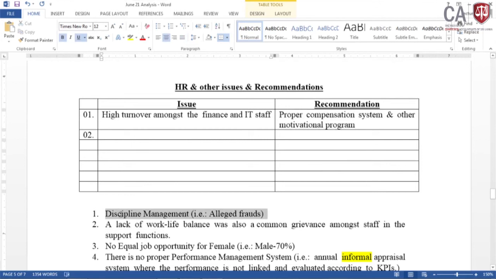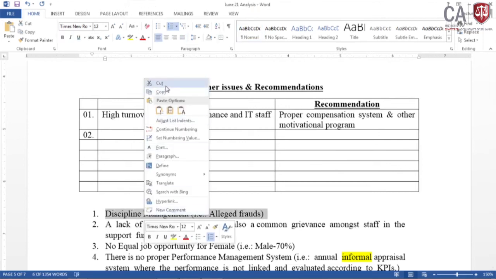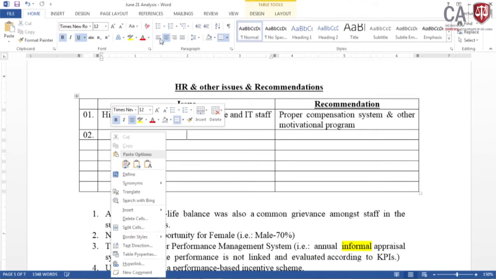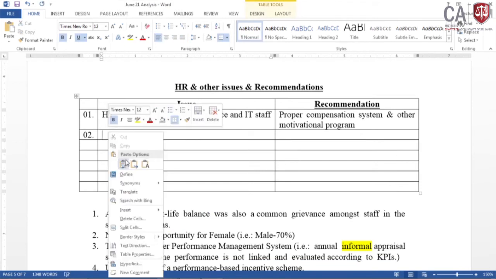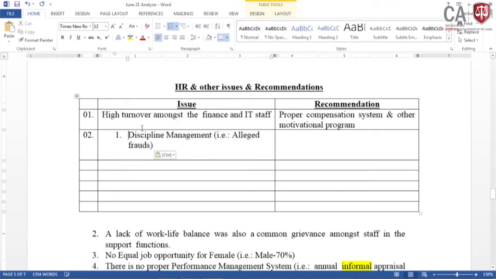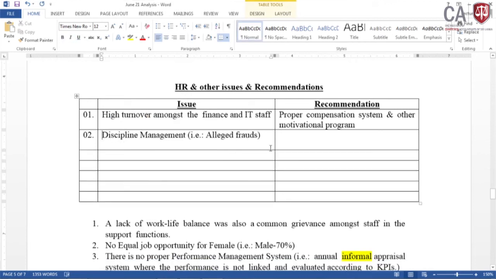Then discipline problem is there, issue. Maybe certain things actually. One solution may be introduce discipline code, then take strict action for discipline breaches.